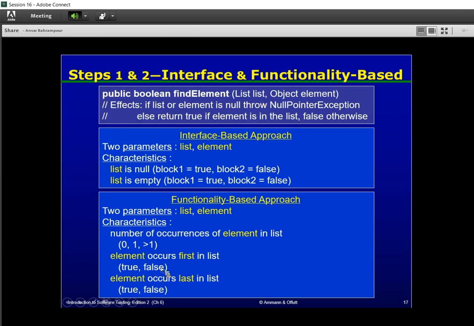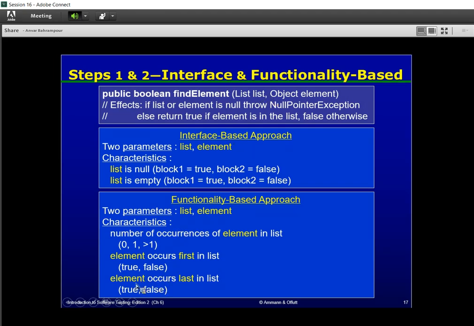And when this characteristic is considered false, we should define a test case in which we have a non-empty list, but the element may occur in other positions, in other locations.